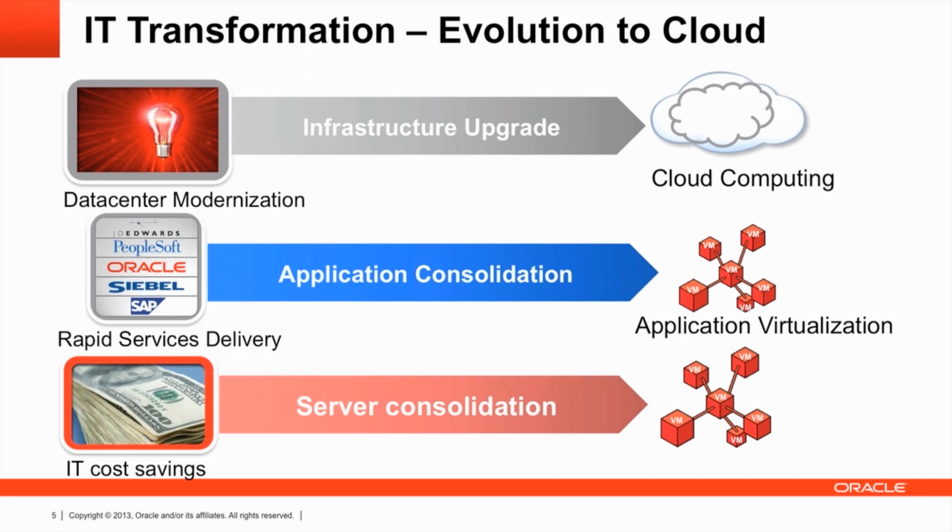So that transformation is happening in combination, and depending on the geographic area we're talking about, in the U.S., we're seeing a lot of cloud adoption, and in other regions, the consolidation at the server and application level is still ongoing.